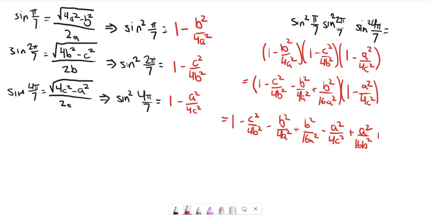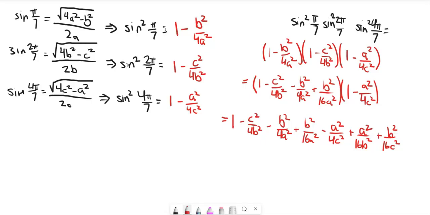And then on the next term, when we multiply through, the a squareds will cancel. So we'll get plus b squared over 16c squared. And then on the last term, what will happen is the a squareds will cancel.